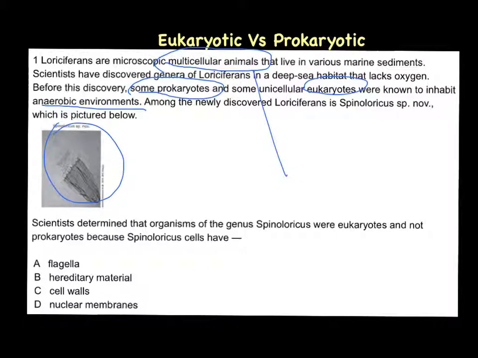Just by looking at the level of complexity of the microorganism, your student should already know that they are in front of a eukaryotic cell, right? Because multicellular animals. Here, the most important factor that is going to help us make the differentiation is the nuclear membrane.